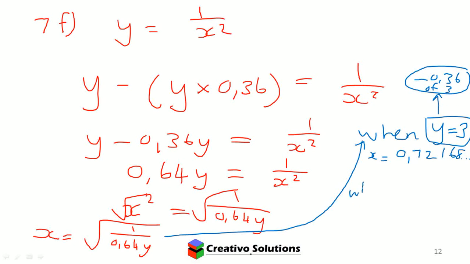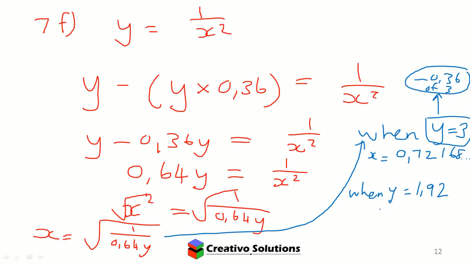So when y equals, what is it now? Well, it'll be 3 minus 1.08, which gives me 1.92. So I've decreased the 3 by 36%, and that gives me 1.92.